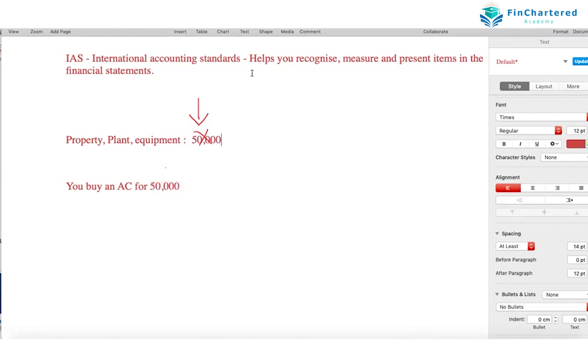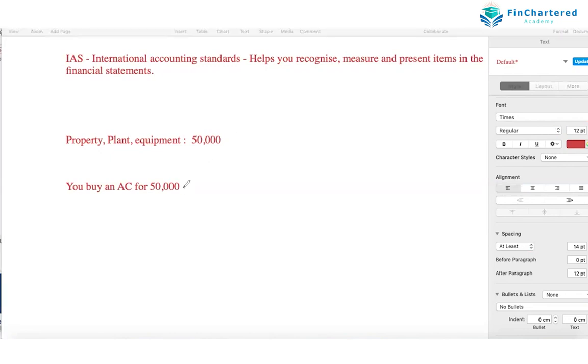True or false? Yes or no? Just respond in the chat box. You paid 50,000 for it, so can we say that this AC of ours is worth 50,000? Is it safe to say? Yes.